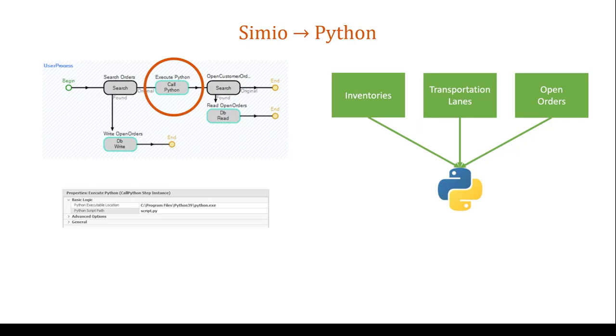And lastly, Python must retrieve the unfilled orders data that was just updated by Simio in the DB write step. Now, I haven't mentioned the inventories or the transportation lanes tables for brevity in the presentation because most of the data in both these two tables is static during the runtime of the model and simply defines locations and connections.